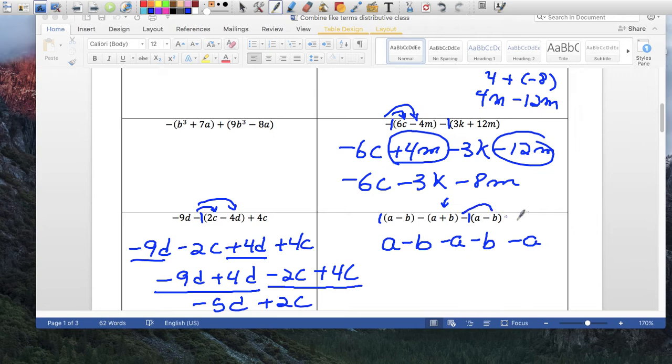Negative times a negative b is going to be plus b. As you can tell, it was positive, comes out negative. It was negative, comes out positive. So let's do a few things here. I'm going to have a minus a minus a, and then minus b plus b. A minus a is 0, so I'm left with minus a. Plus b and minus b will also cancel out, so my final answer is that.